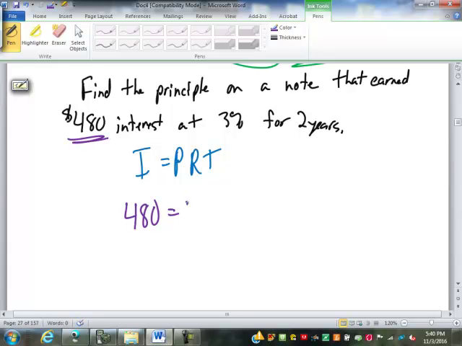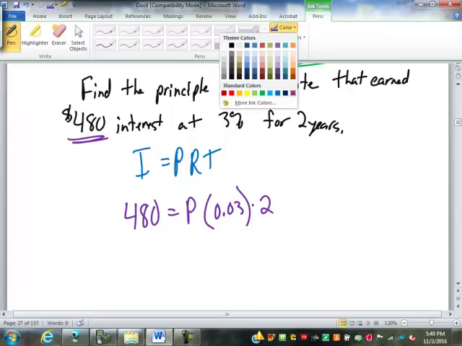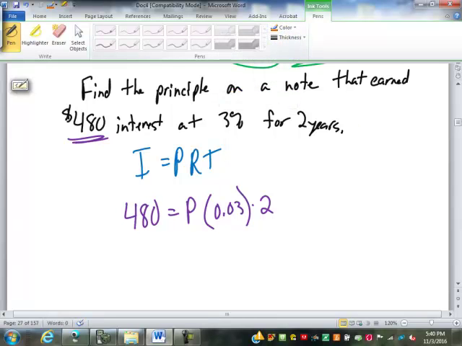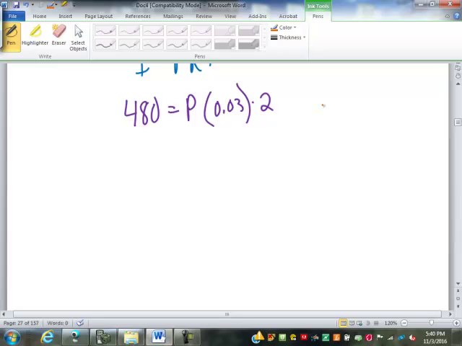The principal is what I'm looking for. My rate is 3%, so 0.03, times 2 years. So before I go to solve the equation, I have to combine whatever I can on either side. So I can do 0.03 times 2 is going to be 0.06.